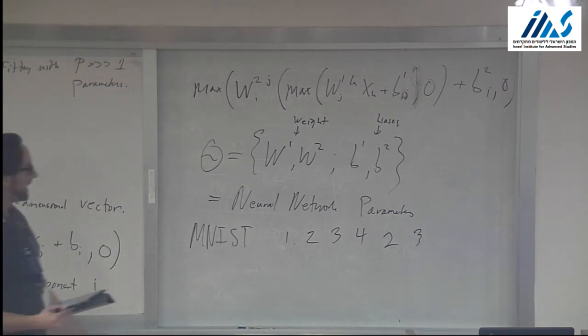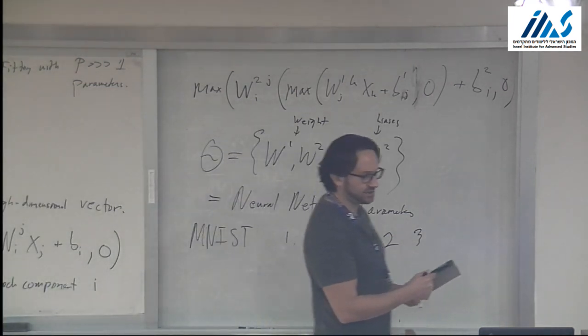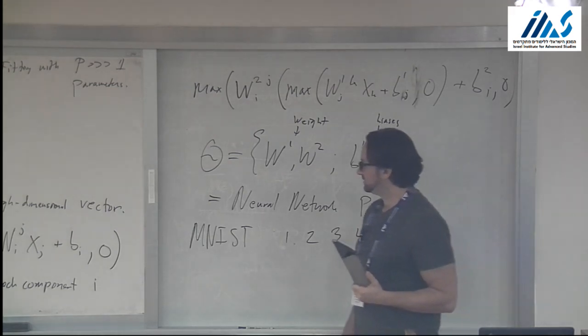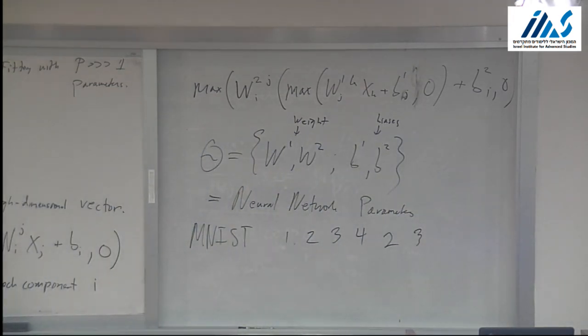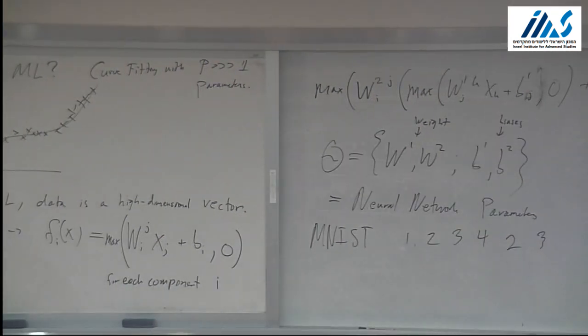Because if my initial data is an image that's 28 by 28 or 32 by 32, then X is a vector whose dimensionality is order 1,000, and so W is a matrix with order 1,000,000 entries in it. And so right off the bat, I have more than 1,000,000 parameters.